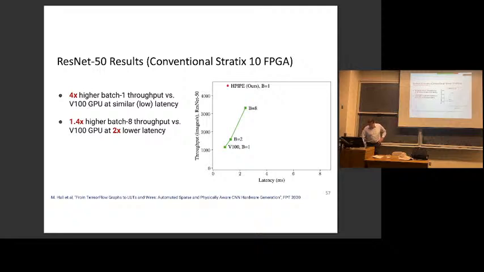If you want low latency, so you're not using batching, you just get one image and send it in, H-Pipe gets significantly higher throughput than the GPU can get. If you give the GPU a big enough batch, so here we're grouping 8 images together before sending them into the GPU, which helps the GPU because it's able to bring weights on chip once and use them to work with 8 different inputs, it helps its throughput, but it still hasn't yet equaled H-Pipe, and its latency is now worse.